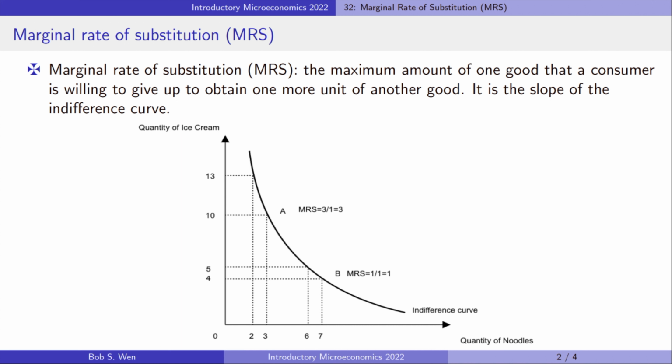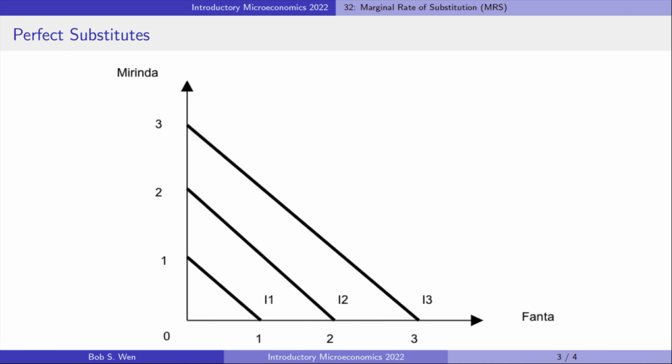The shape of an indifference curve reveals the consumer's willingness to trade one good for the other. It is usually bowed towards the origin because of the diminishing marginal rate of substitution. But there are 2 extreme cases where the indifference curves have special shapes.